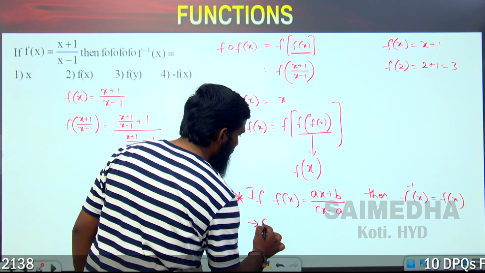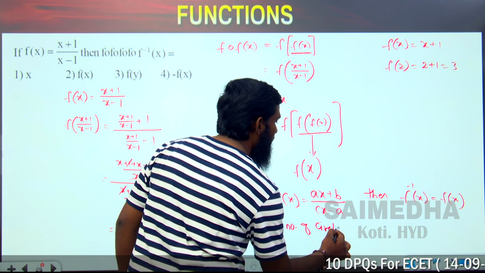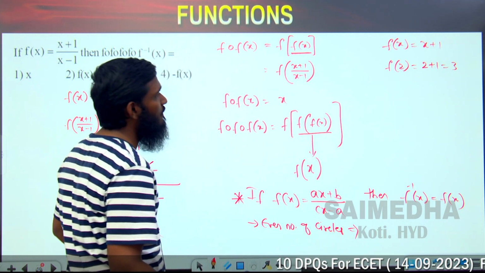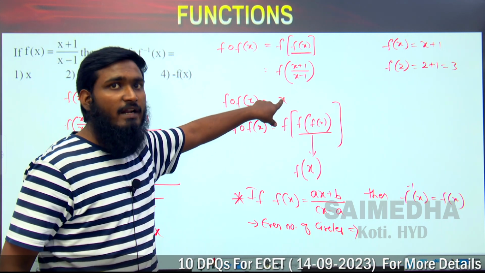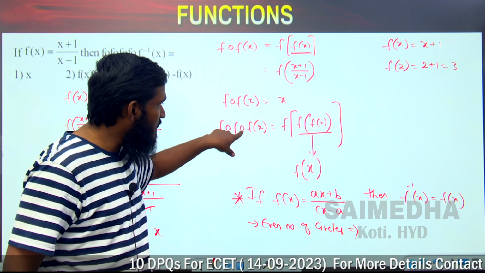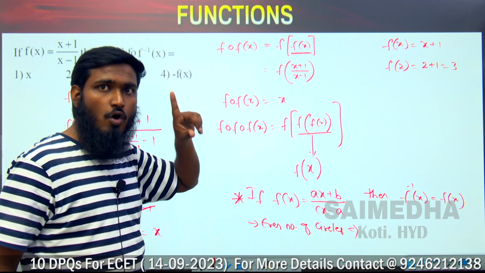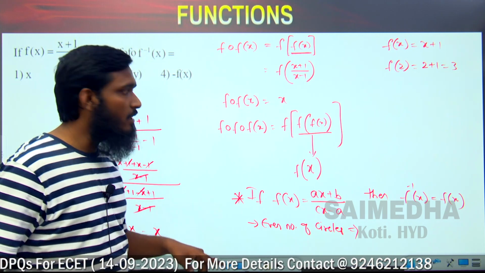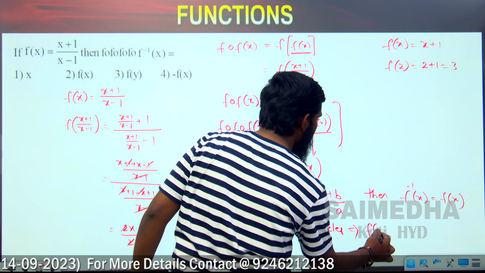Similarly, consider the number of circles. If you have one circle, we get x as the answer. If you have two circles, we get f of x as the answer. One is odd, two is even. So if you have an even number of circles, we get the answer f of x.